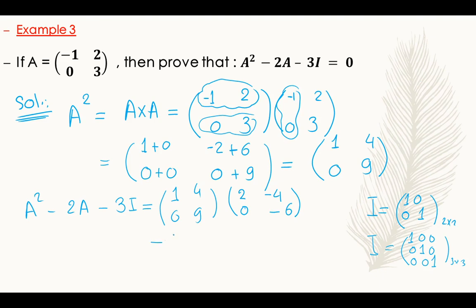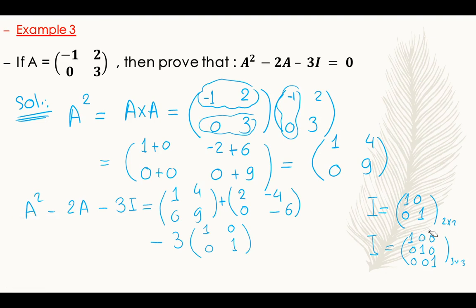Minus 3I, 3 multiplied by the identity matrix. Of course, here I is a matrix of order 2 times 2, so we will write 1, 0, 0, 1.